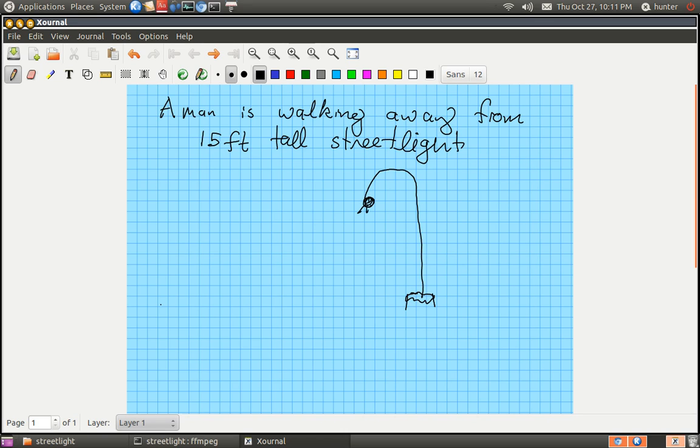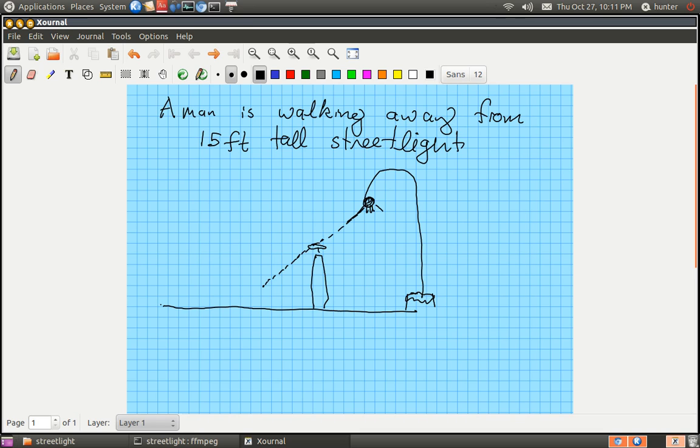Here is the bulb. And you're told that the man is 6 feet tall. So let me draw a picture of him. Here is the man, and here is his hat, and he is 6 feet tall.